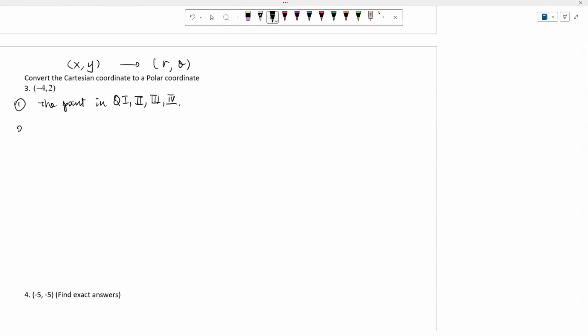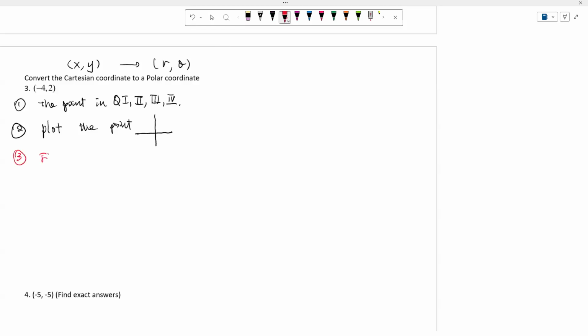And then second, we would like to draw the point, or we plot the point in the Cartesian system. And then the next one is number 3.